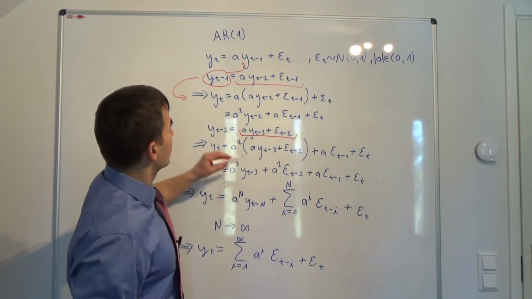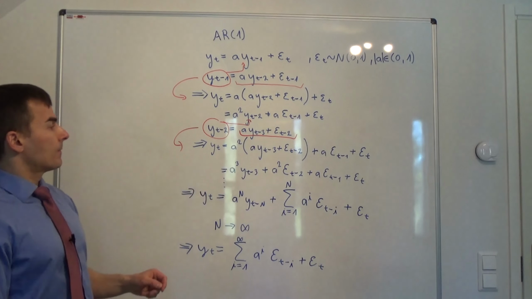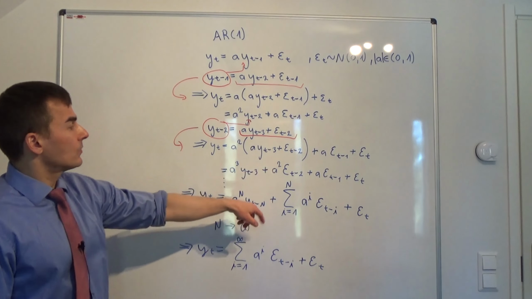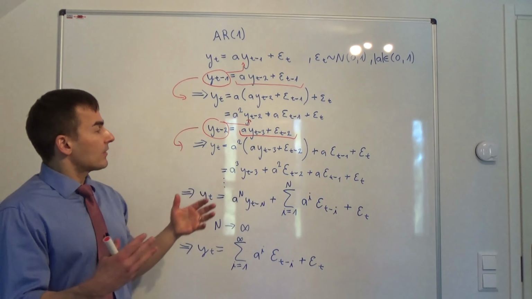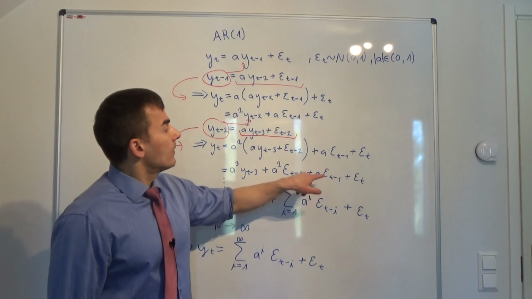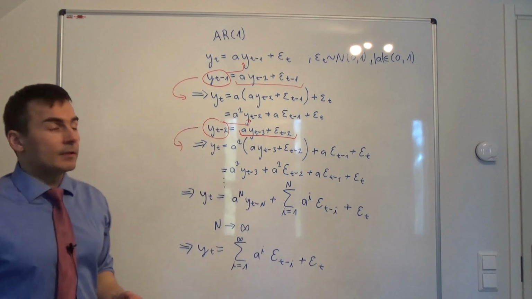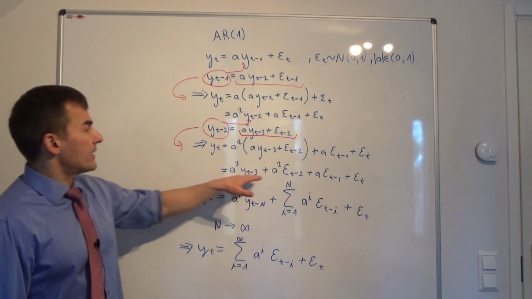If you multiply this out, what we get is this expression here in this row, which is yt is equal to a to the power of 3 times yt minus 3 plus a to the power of 2 times the innovation process at time t minus 2 plus a times the innovation process at time t minus 1 plus the innovation process at time t. So we can already see a pattern here.